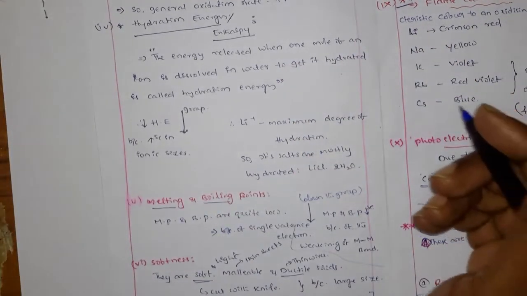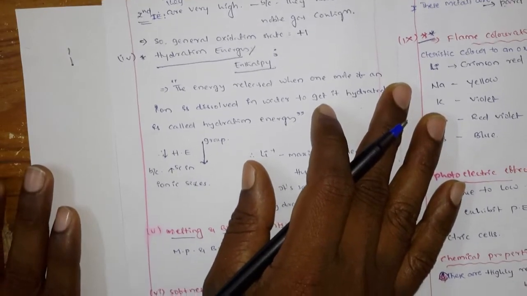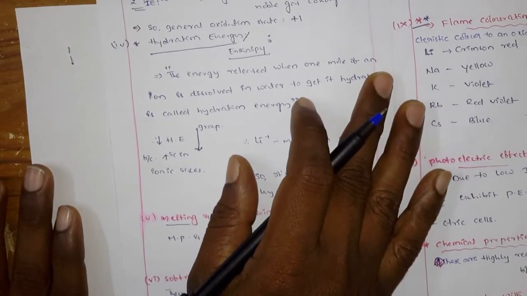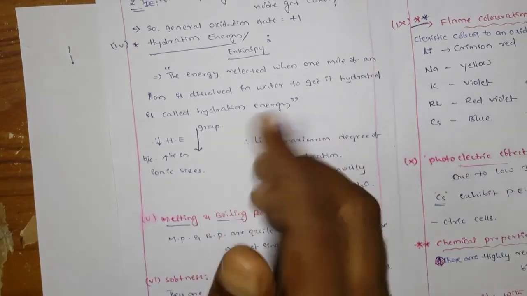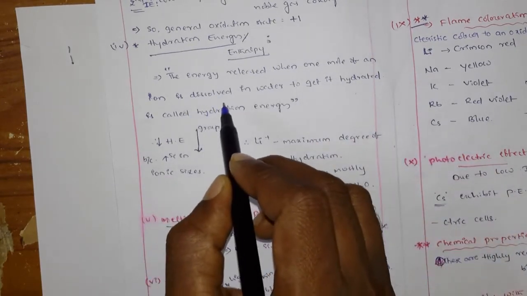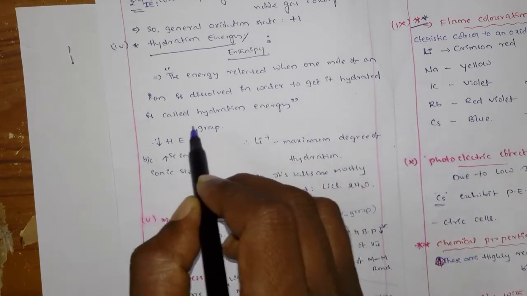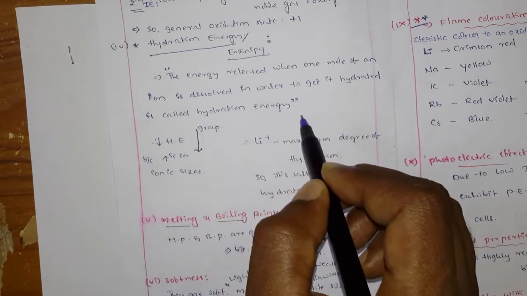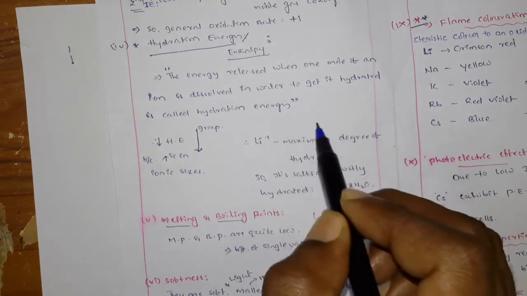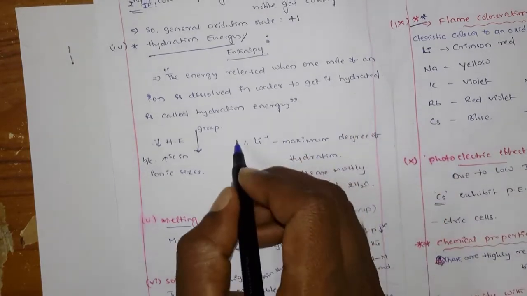And what about the next parameter? The next parameter is the hydration enthalpy. What is the hydration enthalpy? The hydration enthalpy is nothing but the energy released when 1 mole of an ion is dissolved in water to get hydrated.